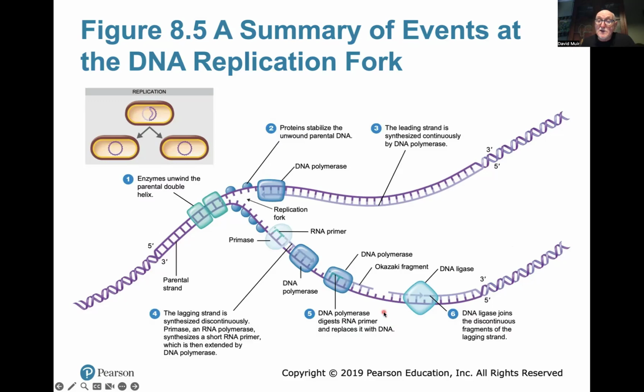And they all each consist of a little bit of RNA as a primer, and then a short area of DNA before it bumps up against the next RNA primer. So what happens is another DNA polymerase operates on this strand, and is essentially very similar to this DNA polymerase, except that what it can do is eat out the RNA and replace it with DNA.